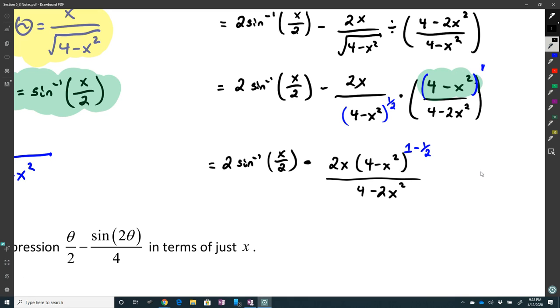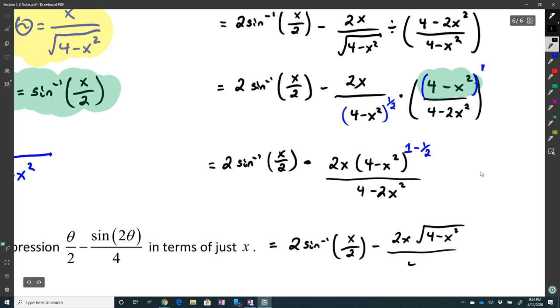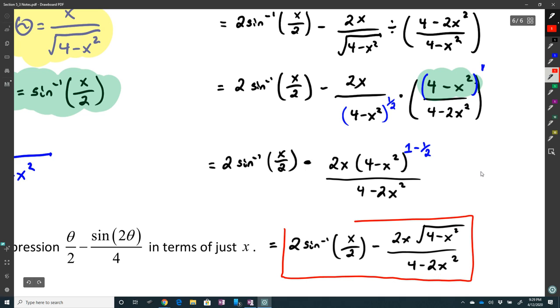So final step. Make it look all nice and pretty. Minus 2x square root of 4 minus x squared over 4 minus 2x squared. Excuse me.